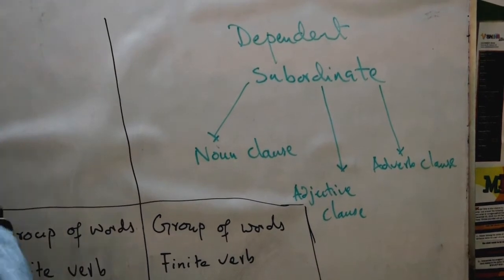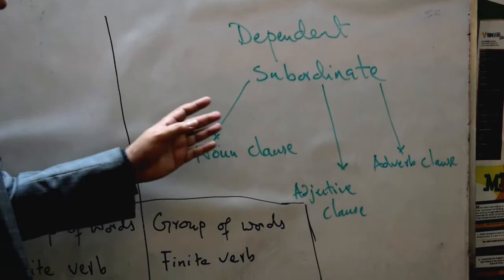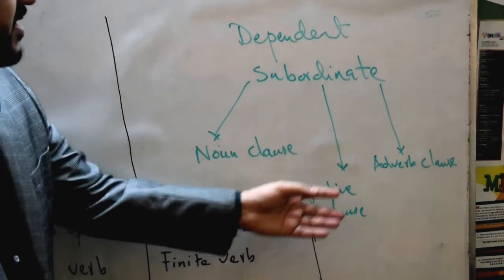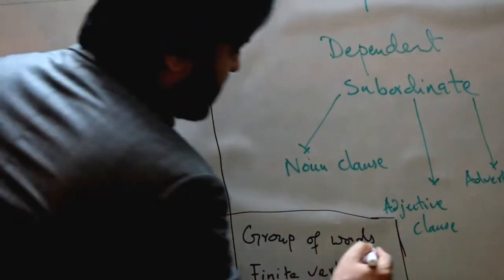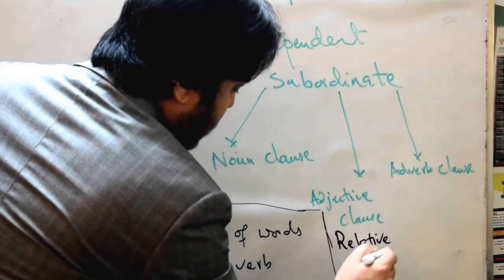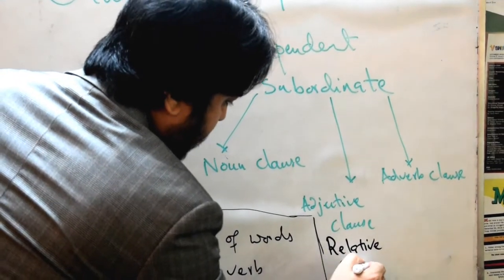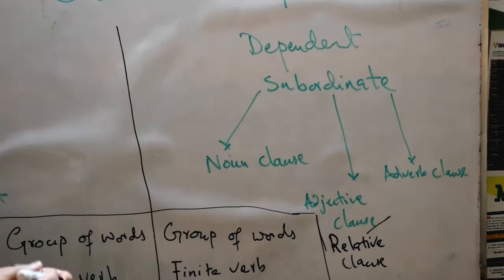Then the subordinate clauses can further be classified as noun clauses, adjective clauses, adverb clauses. Another name is also given to the adjective clauses, and that is the relative clauses. So these are the two types of clause.